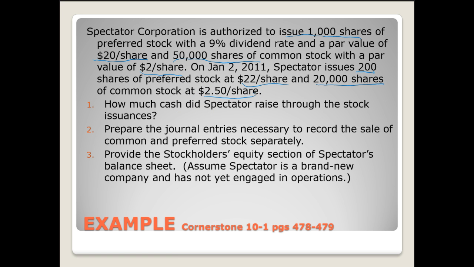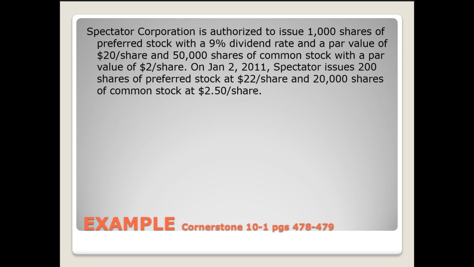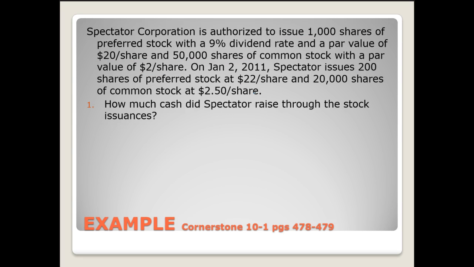First question, how much cash did Spectator raise through the stock issuances? Well, they got enough cash to equal the 200 shares of preferred stock at $22 a share and the 20,000 shares of common stock at $2.50 a share.